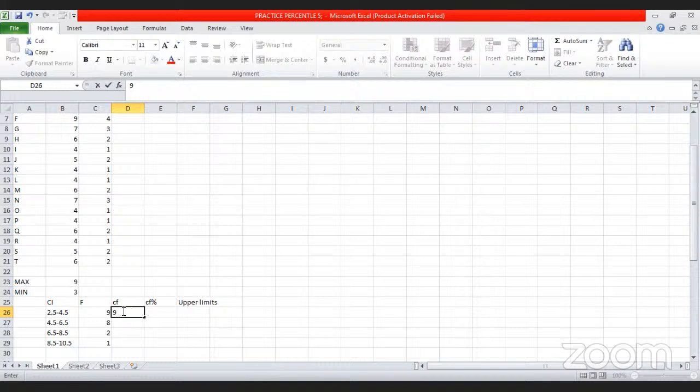Now I have to calculate the cumulative frequency. You know the cumulative frequency is the summation of all the frequencies. So 9, and hence it will be 9 plus 8, it will be 17, plus 2, that is 19, and this is 20.